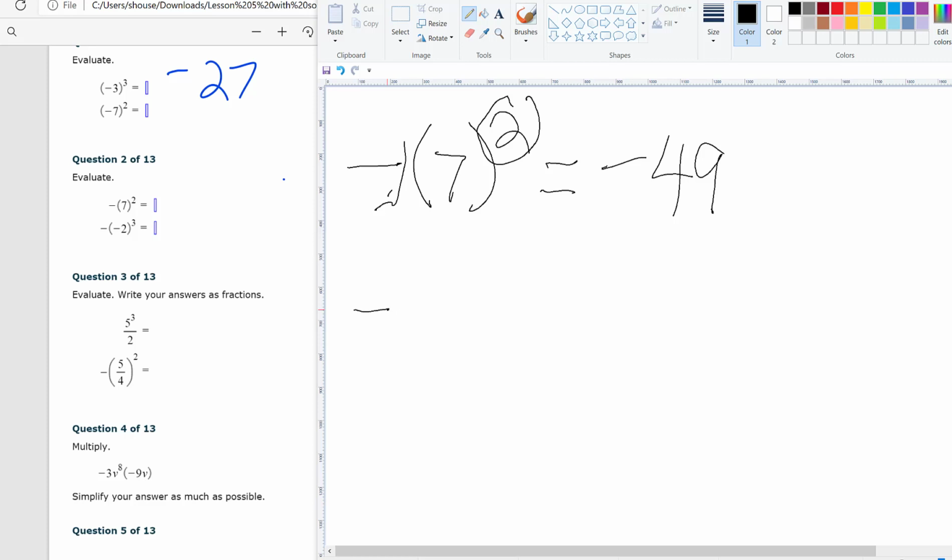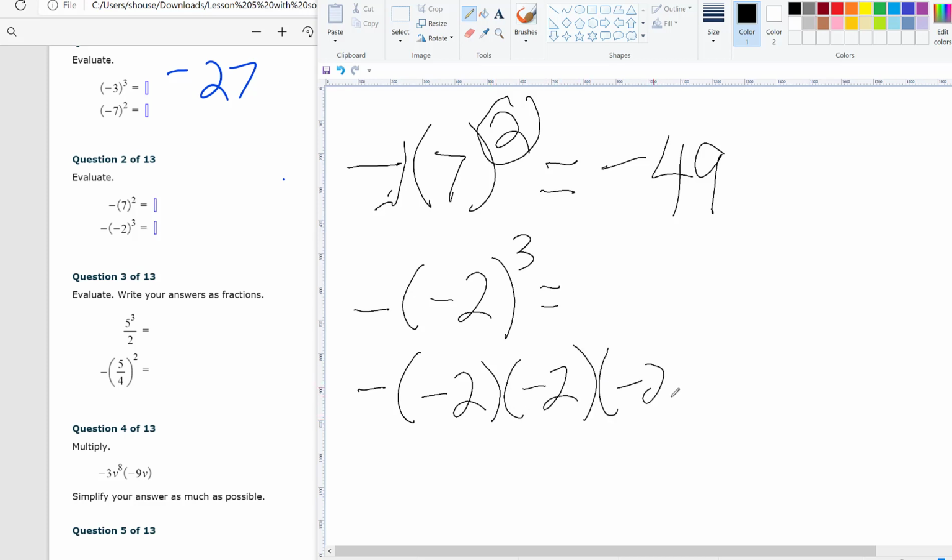And then the opposite of -2 cubed, well, that's a total of 4 negatives, because look, there's a negative here, and then there are 3 -2's, and so that's going to make a positive, and that's going to make a positive, so this is going to come out to +8.